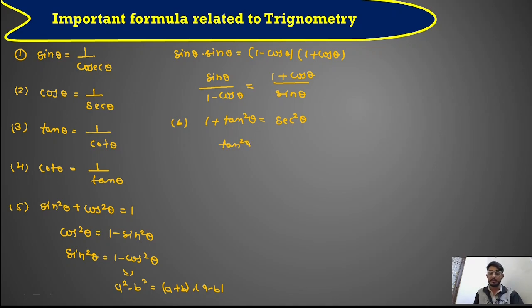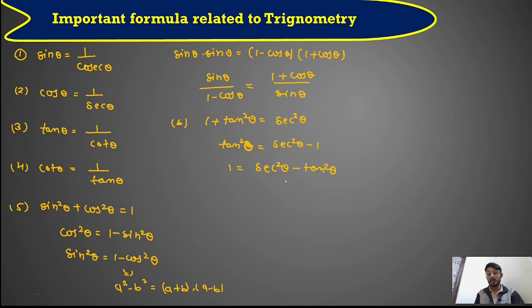Here 1 is in plus operation with tan square theta, so whenever you transfer it from this side to the other side, you will get tan square theta equals sec square theta minus 1. And from here you can also find the value of 1: 1 equals sec square theta minus tan square theta.